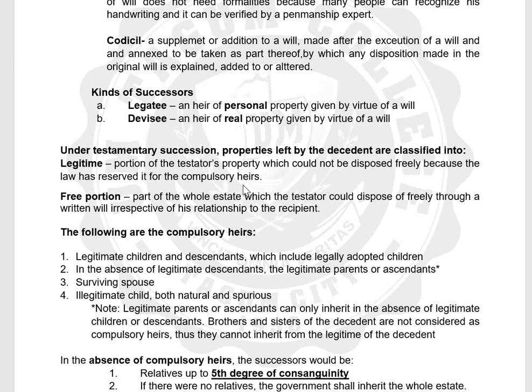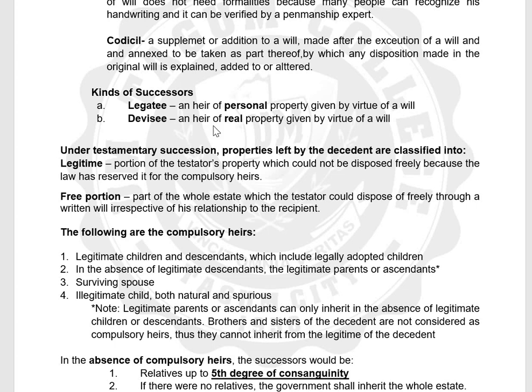Okay, so normally gina-classify yung compulsory heirs into primary, secondary, and concurring heirs. So, yung primary heirs are yung legitimate children and their direct descendants. Okay, yung concurring heirs naman, that's the surviving spouse and the illegitimate descendants.